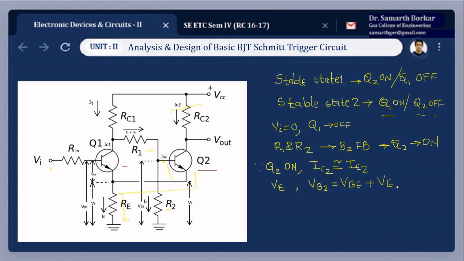Because of this, transistor Q1 is maintained in the off condition, and we can write the output voltage. In case of Schmitt trigger, we take the output from only one terminal. So output voltage V0 equals VCC, that is the applied battery or source signal, minus the drop across the resistor RC2. We can write it as the product of IC2 into RC2.